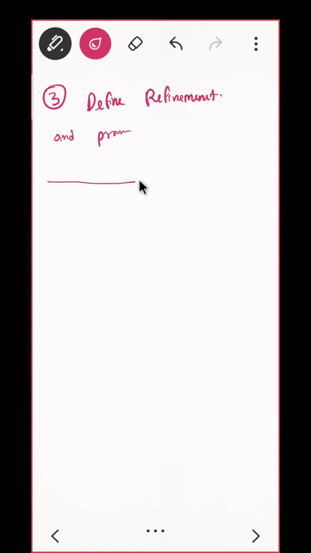Let me go to the third question. What will be the third question? If I refine, correct? Refinement. Define refinement and prove that, what do we have to prove?